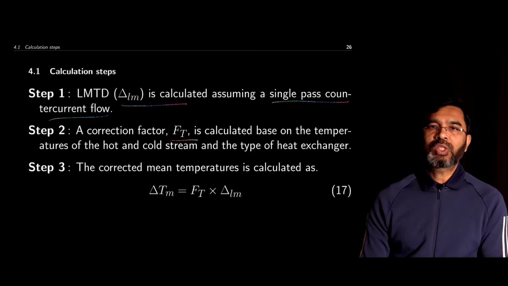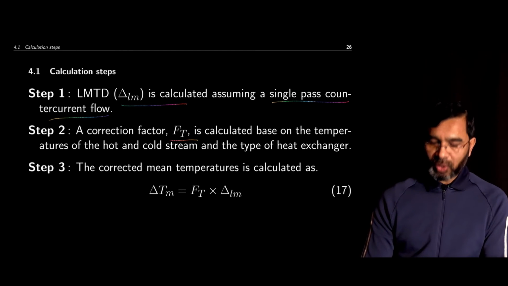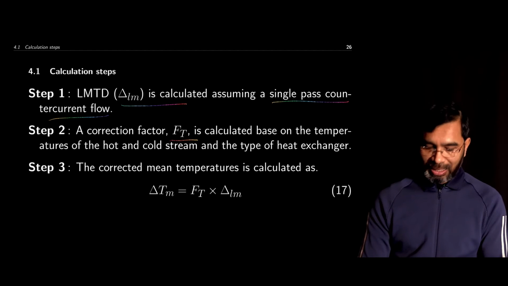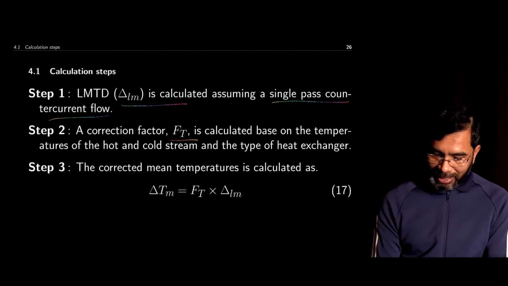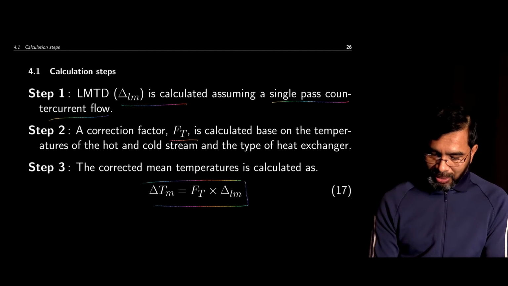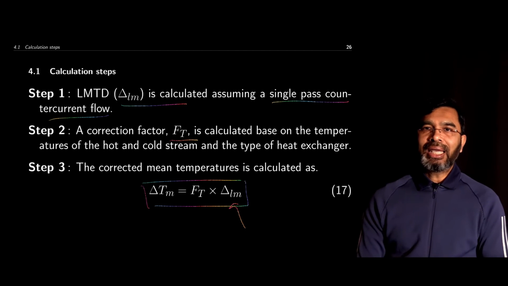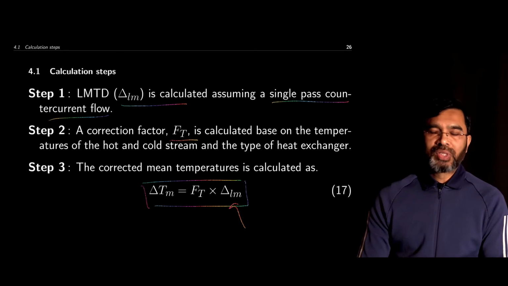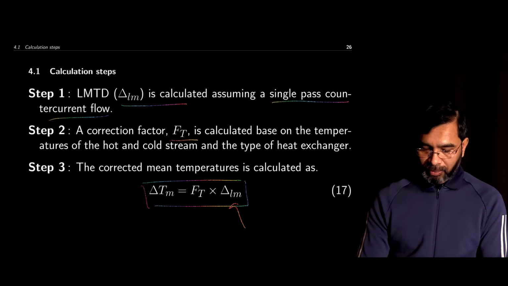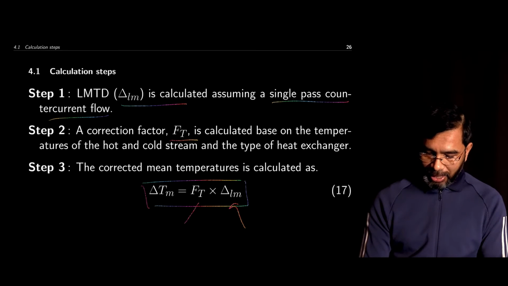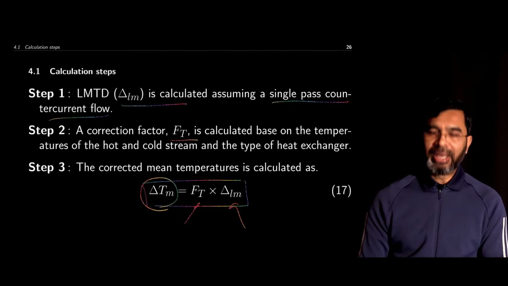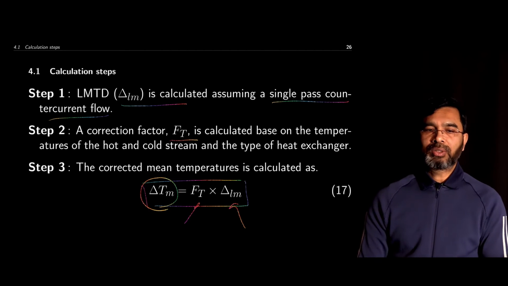We'll see in detail how to calculate that correction factor. Then the corrected mean temperature is obtained by multiplying the LMTD calculated assuming a single pass counter current flow heat exchanger by the correction factor. That will give the corrected mean temperature for the shell and tube heat exchanger with multiple passes.